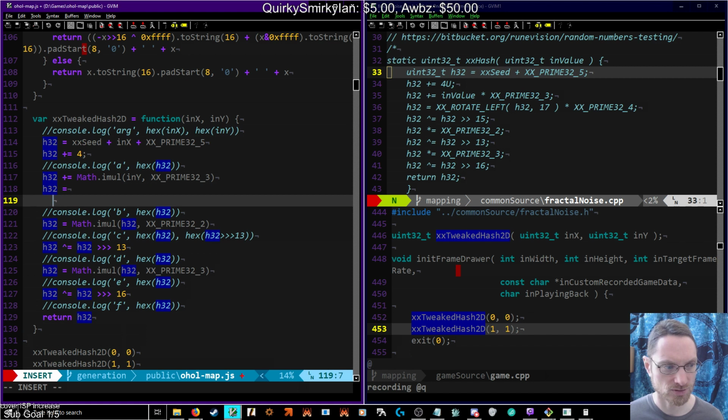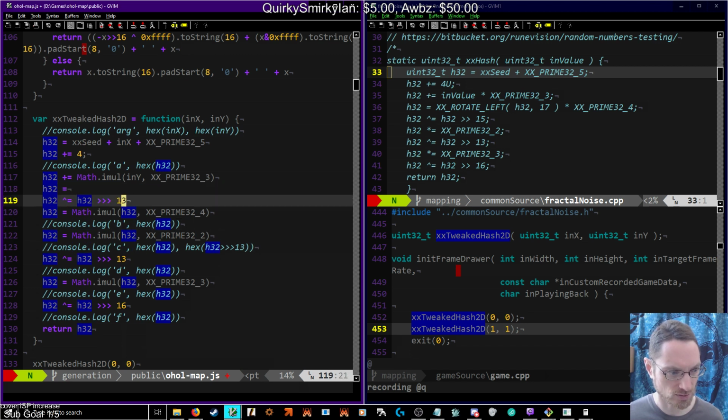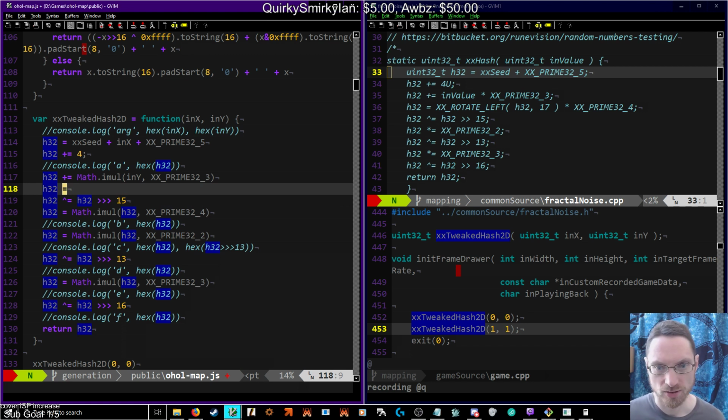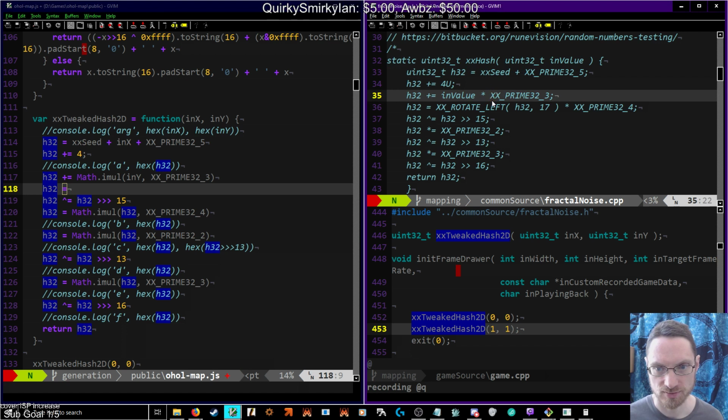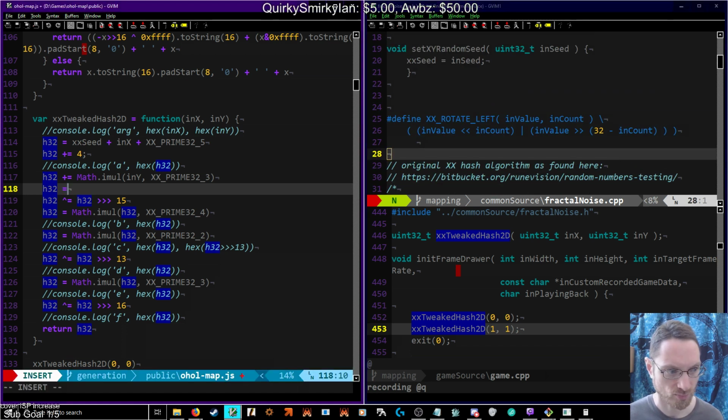re-equals the rotate left and it's just a times, so we could do h32 and then there was another bit shift in between. Okay, and then rotate left is h32.